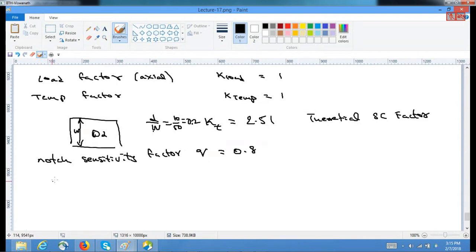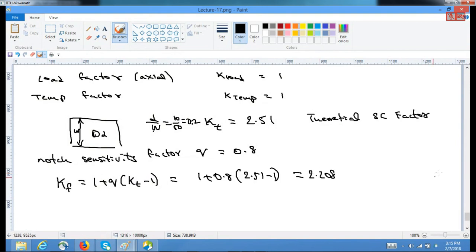So we can obtain our actual Kf as 1 plus Q into Kt minus 1, that is equal to 1 plus 0.8 times 2.51 minus 1, which comes to 2.208.